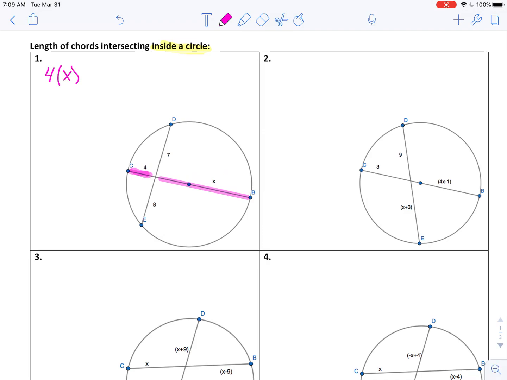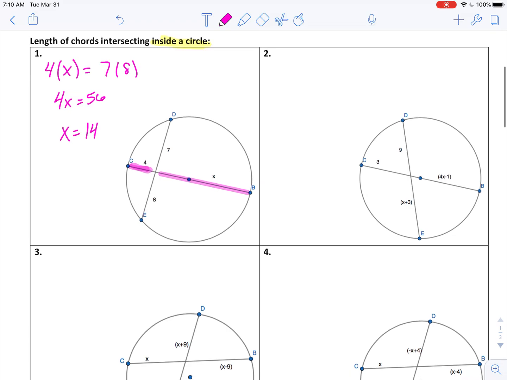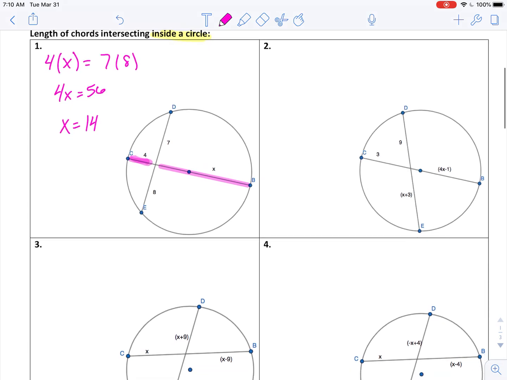So I'll do one part of the chord 4 times the other part of that same chord. So 4 times x is equal to 7 times 8, or 4x equals 56. And then I could divide by 4 and solve for x equals 14.